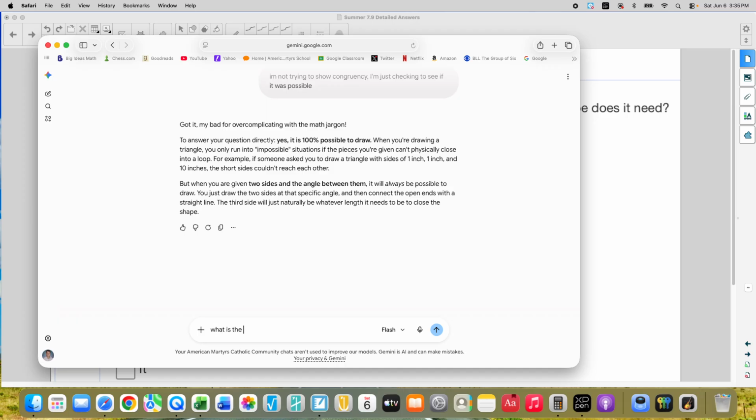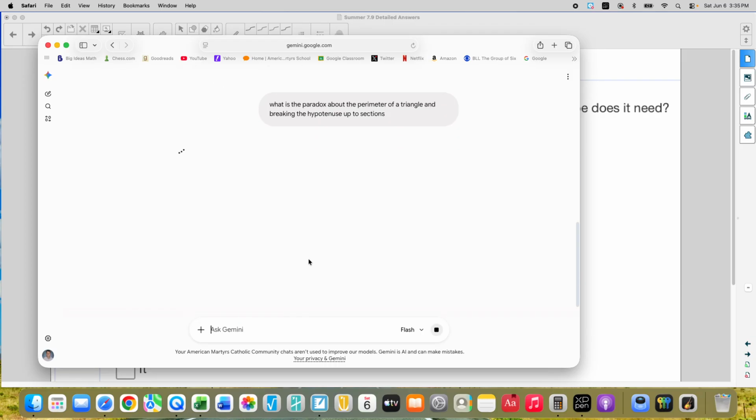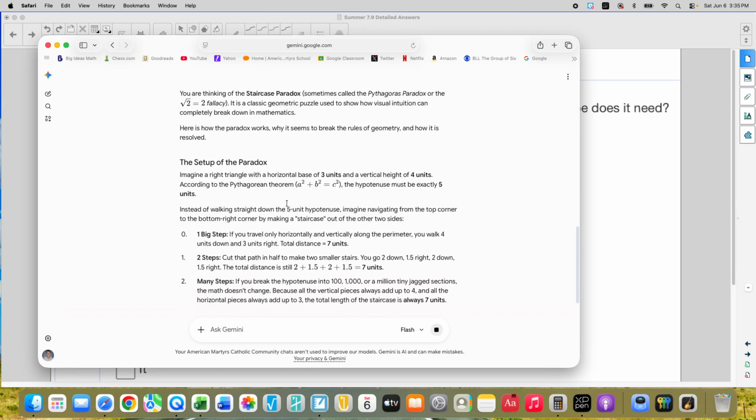What is the paradox about the perimeter of a triangle and breaking the hypotenuse up into sections? We'll see if they understand what I'm saying. There's a paradox about making it go up, down. Yeah, set up the paradox.